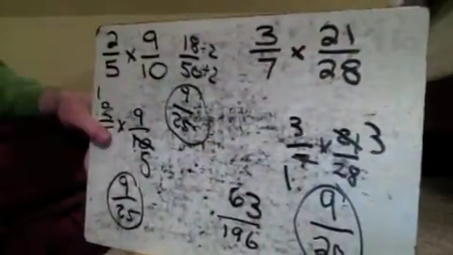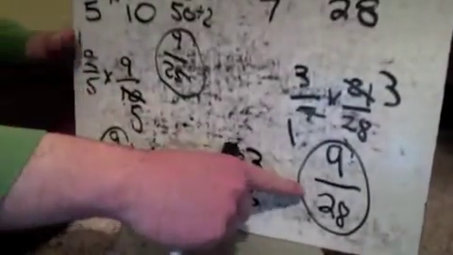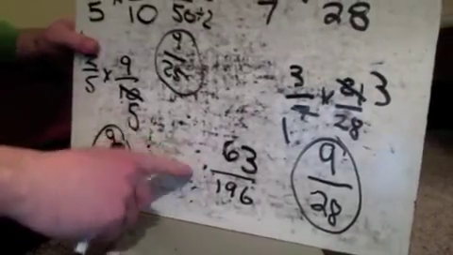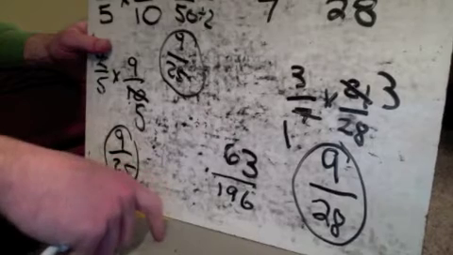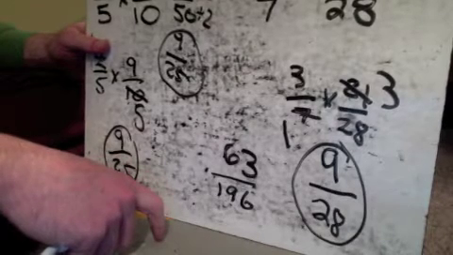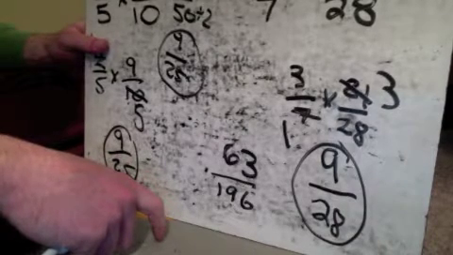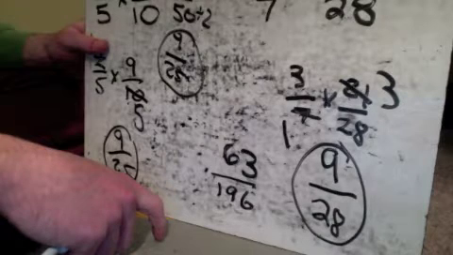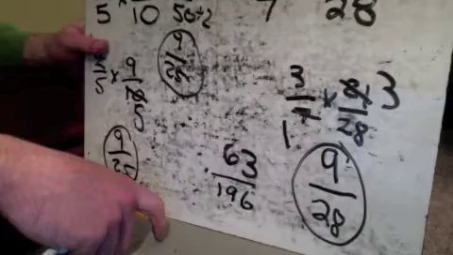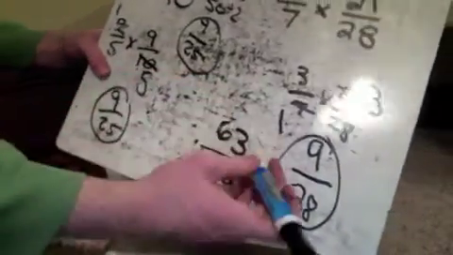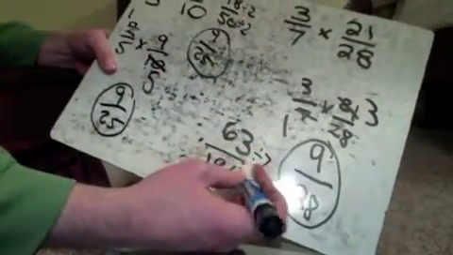Well, I know that the answer is going to be eventually this, but what can we divide by here? I don't know. I'm going to guess, how about, let's try 7. Divided by 7.